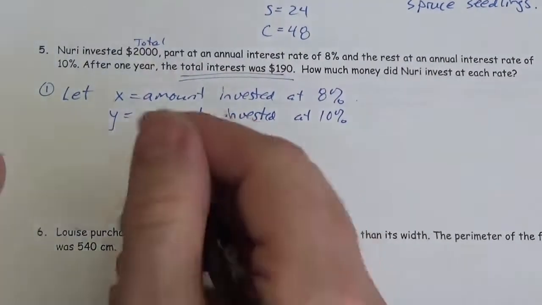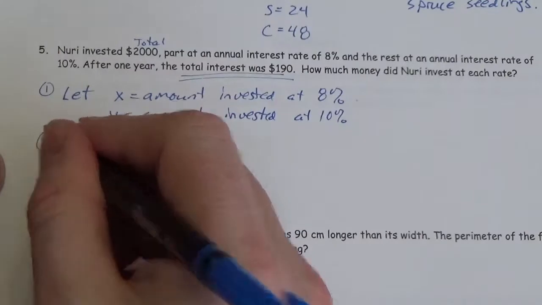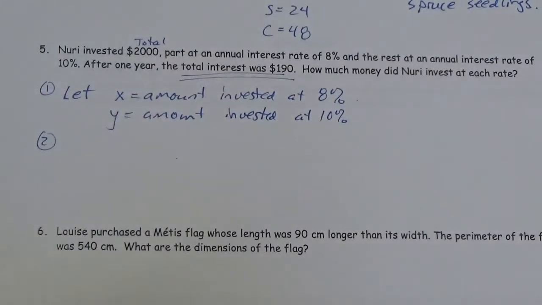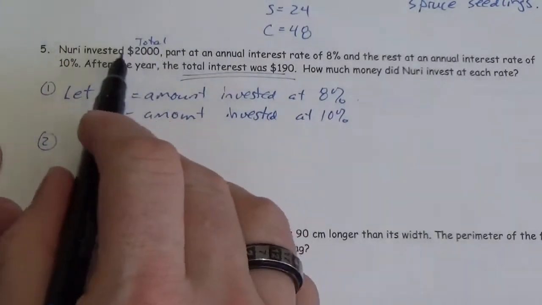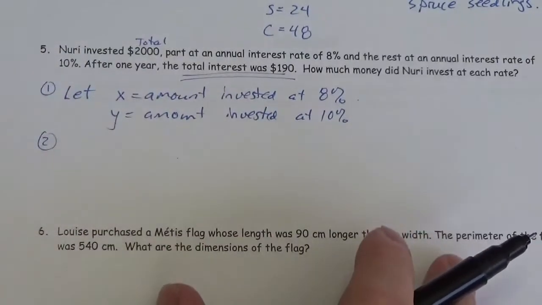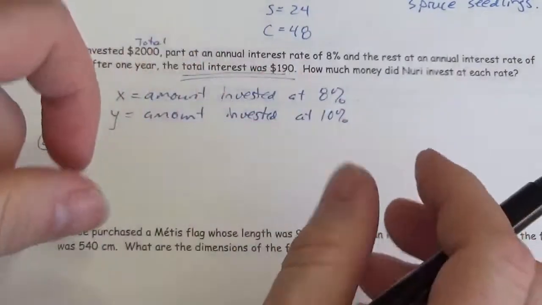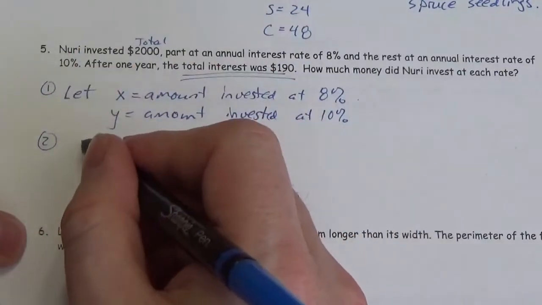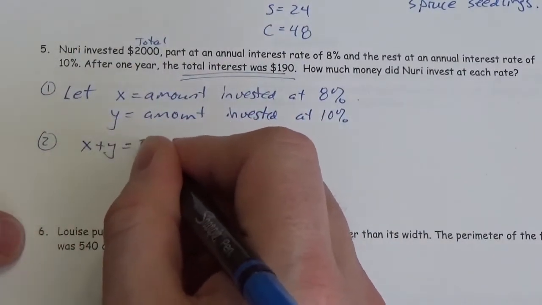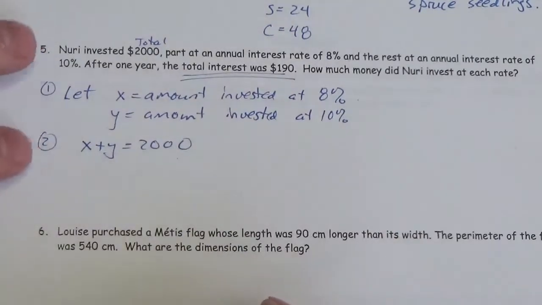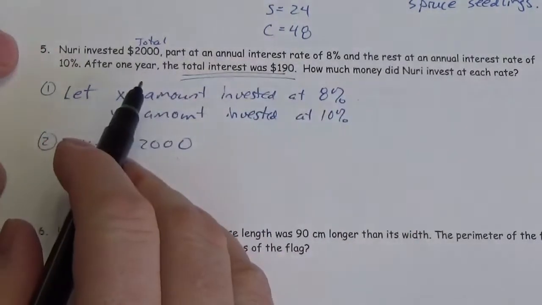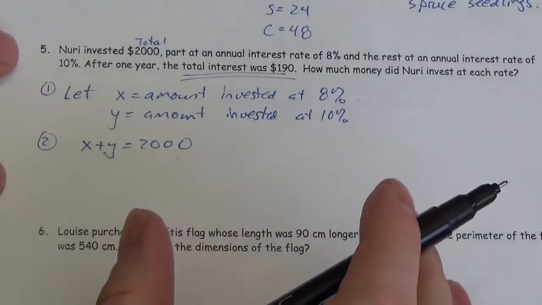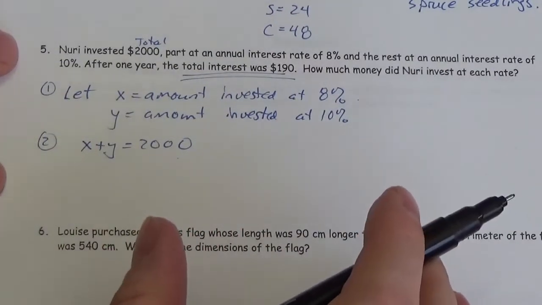Okay, good. So now I'm going to interpret equations out of this. Now I was just talking about that 2,000 being a total. I break it up into two amounts going into two different accounts here. So I know that x plus y is equal to 2,000. Now oddly enough, in an equation like this, I've seen this enough to know that as soon as people read the next sentence here, they tend to focus on the interest part of this.